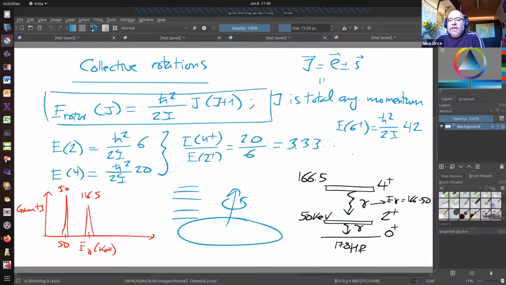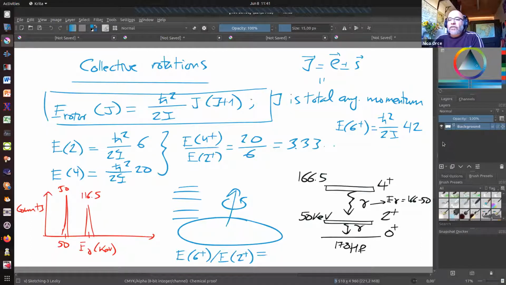So then we can play the same game and say, where is the next level coming? Where is the 6 plus coming? So the 6 plus over the 4 plus or whatever, over the 2 plus, let's say. The energy of the 6 plus divided by the energy of the 2 plus, which is just a reference.